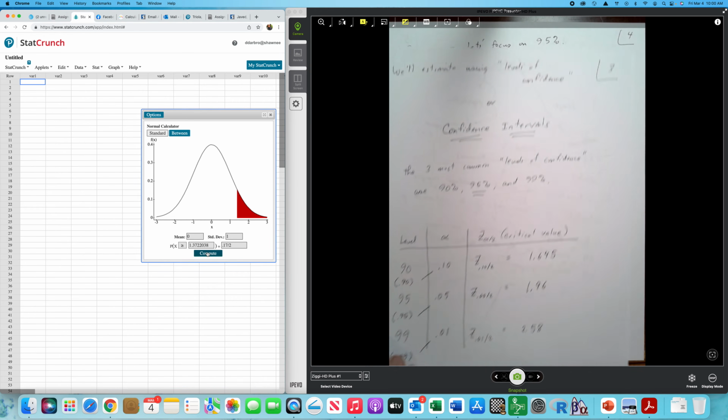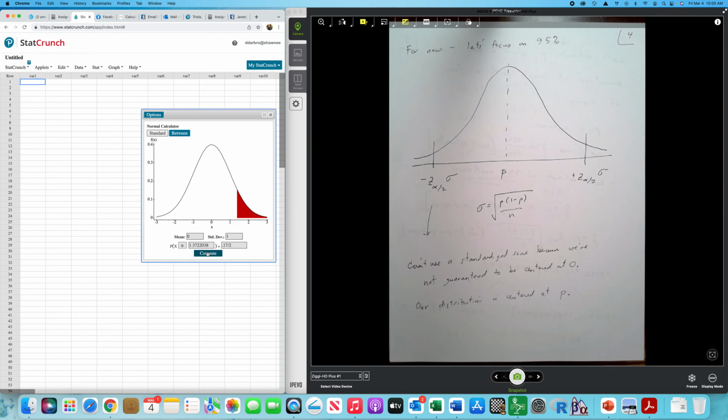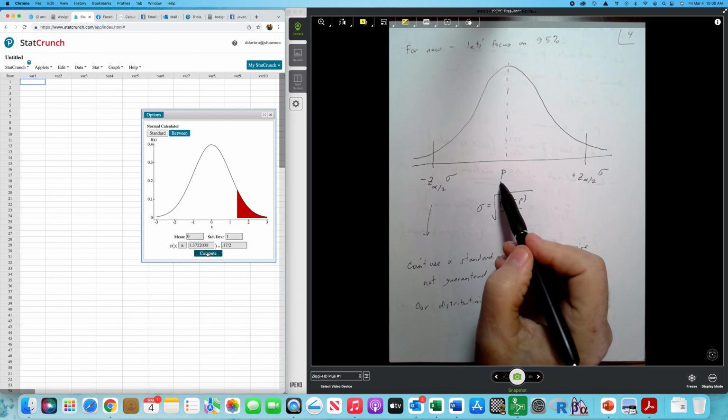We've got these critical values now that we can calculate. And so let's just focus on the 95% and see what goes on in the distribution of sample proportions that we learned in the central limit theorem. So this is made up of a bunch of p-hats, a bunch of sample proportions, right? And we know that the p is smack dab in the center.